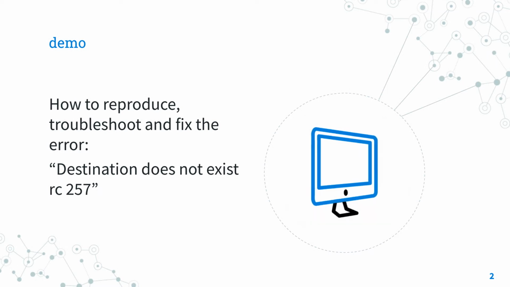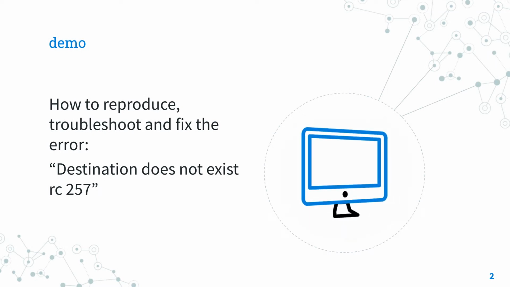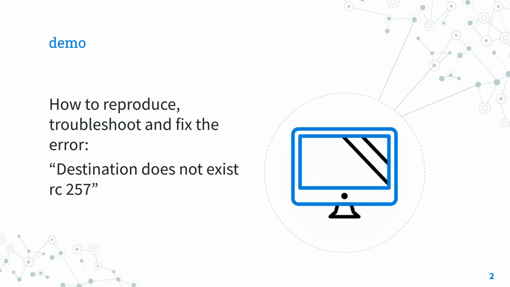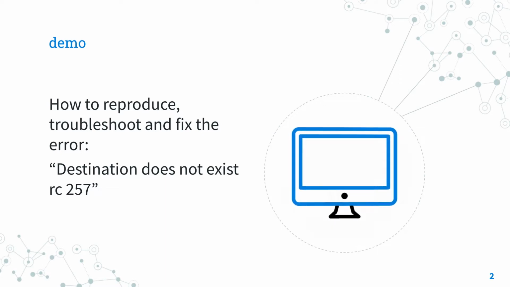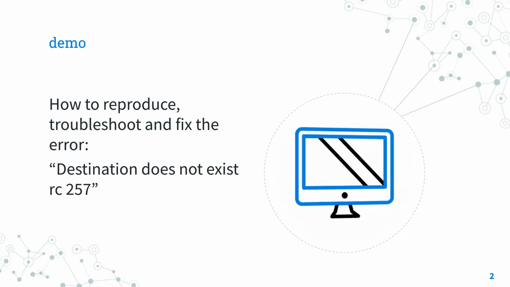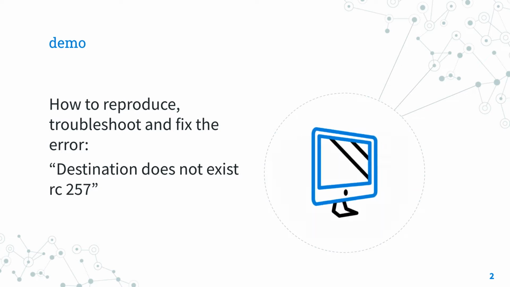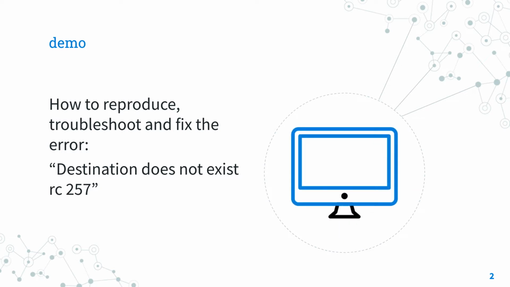The best way of talking about Ansible troubleshooting is to jump into a live demo to show you practically the "destination does not exist" error, return code 257, and how to solve it.